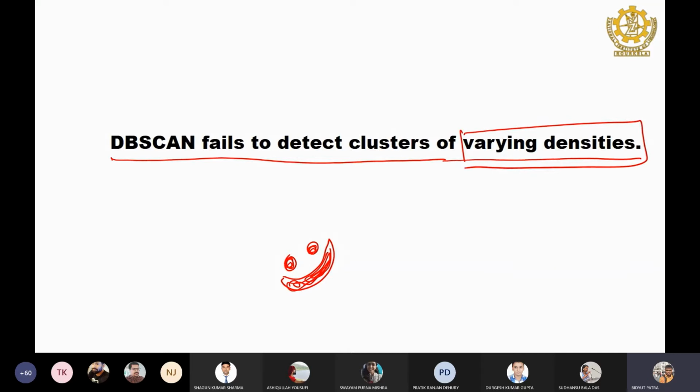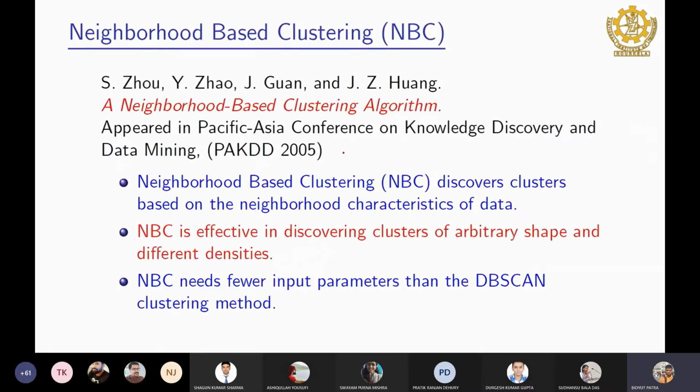Now we'll talk about a clustering approach which can find the clusters even if the cluster densities vary heavily. That is something called NBC, the neighborhood based clustering approach.